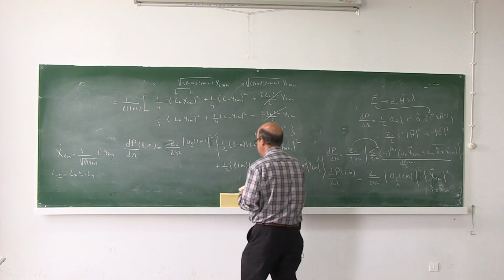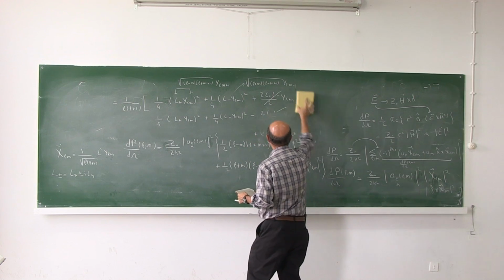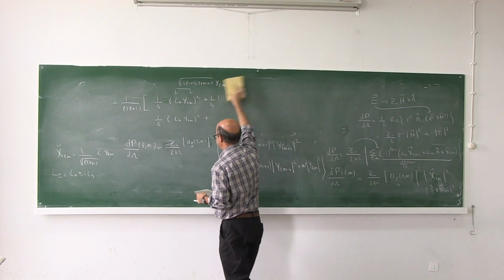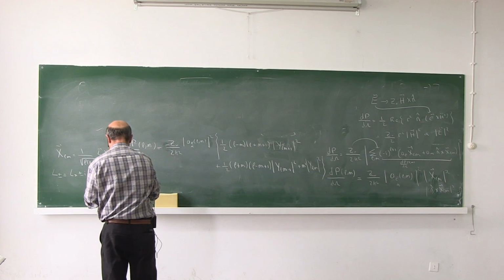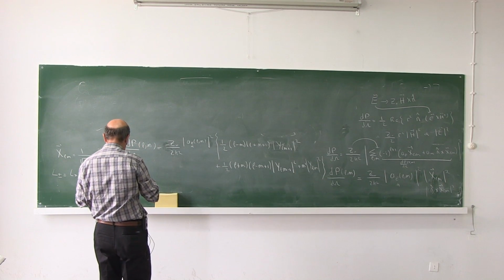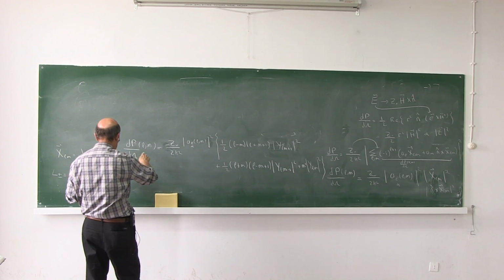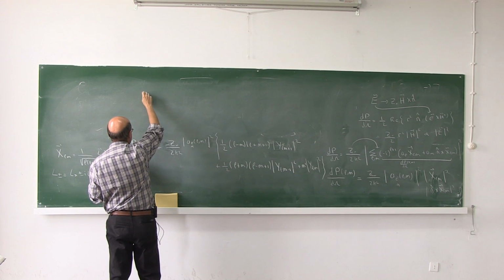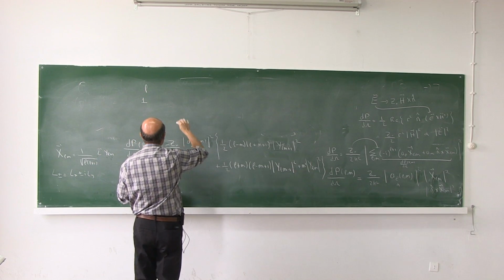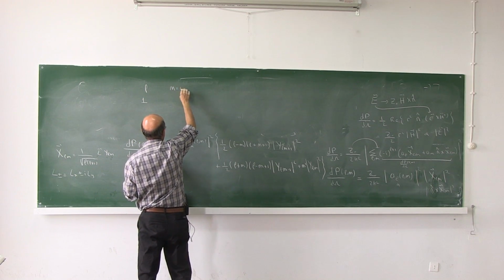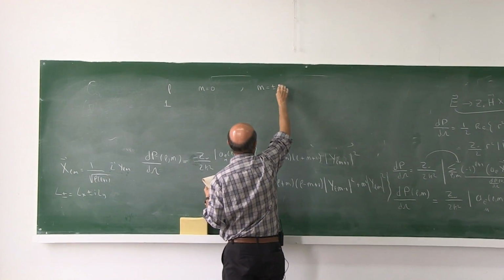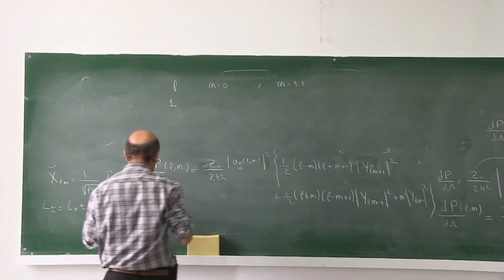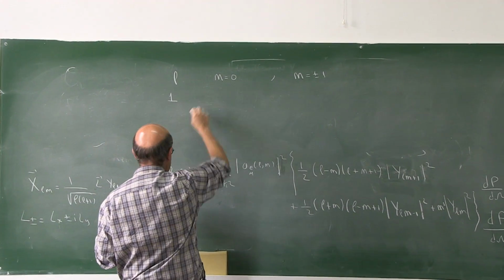So basically, at this point, I will show some specific examples. If you look at the power per solid angle for the specific case L equal to 1, M could be 0 or M could be plus or minus 1.